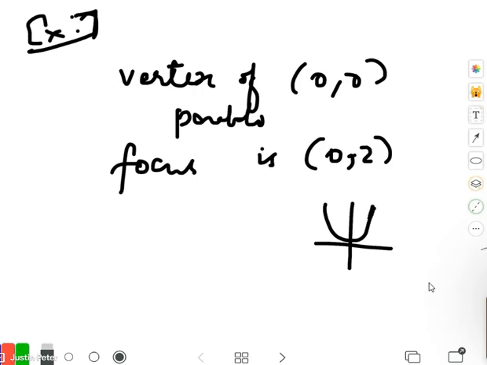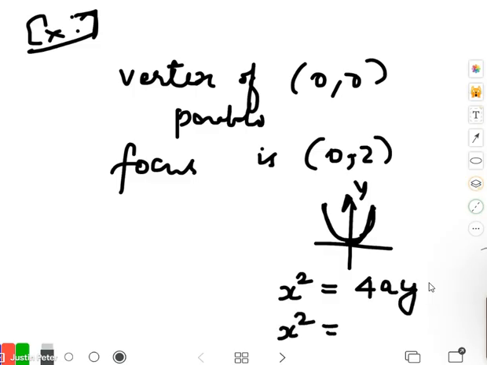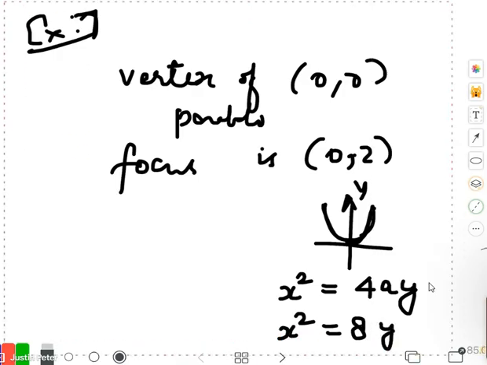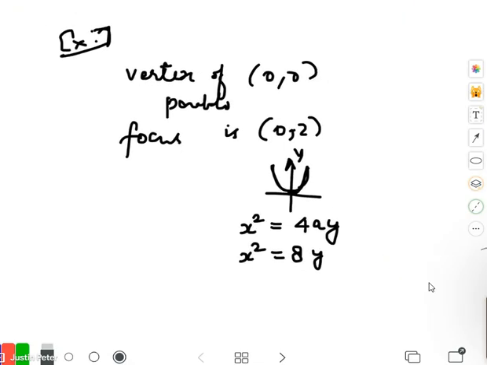What will be the equation of this parabola? This is symmetrical about the y-axis, so it is going to be x square, and moreover it is positive, a is 2. So x square is equal to 4ay, or x square is equal to 8y will be the equation of the parabola. Is that clear?